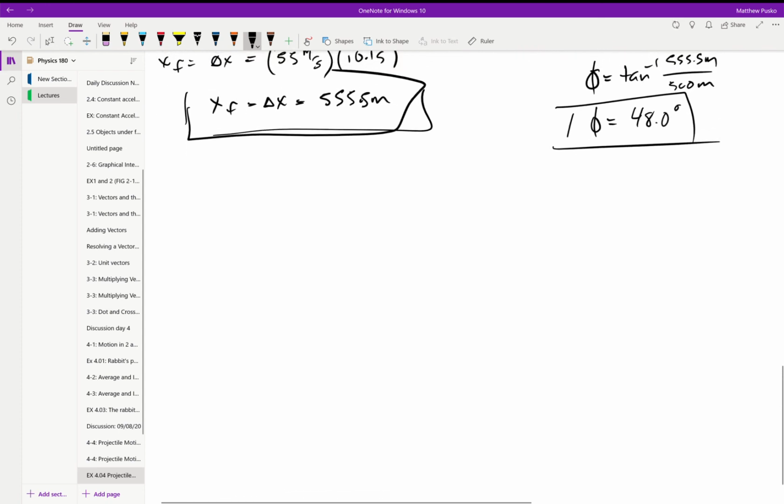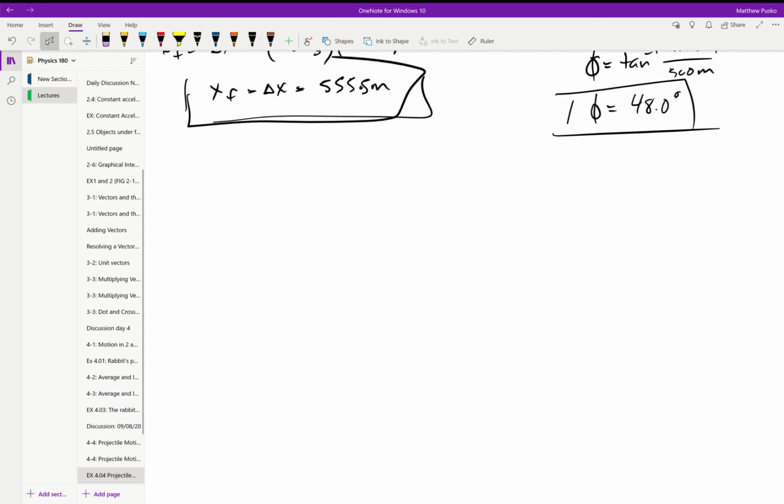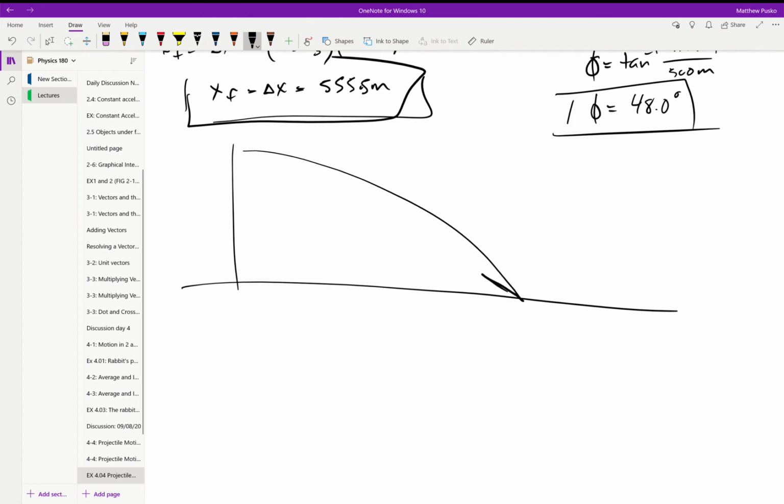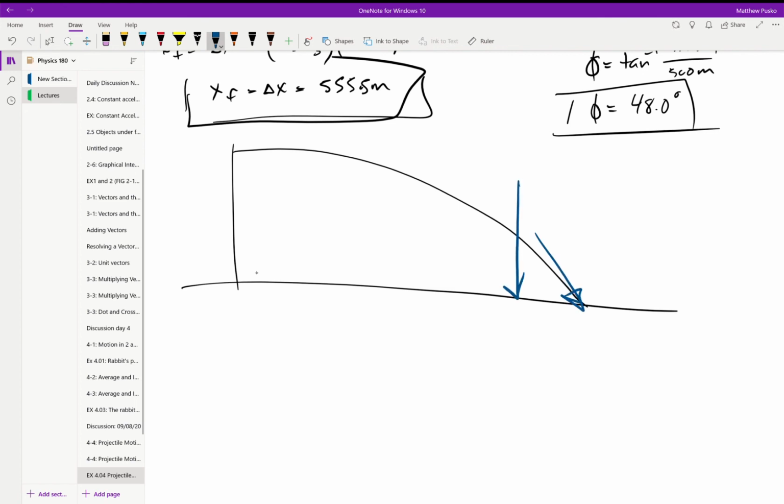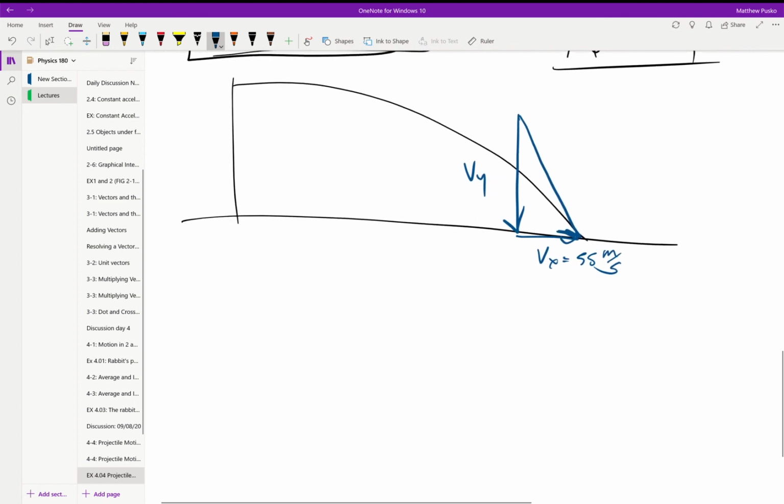The last thing we could do is figure out what velocity it hit the ground with. So it came down like this. And it's going to have some different velocity vector because the velocity vector in the y direction is going to be longer. The x component is still going to be equal to the 55 meters per second, but we have a new y component of velocity.